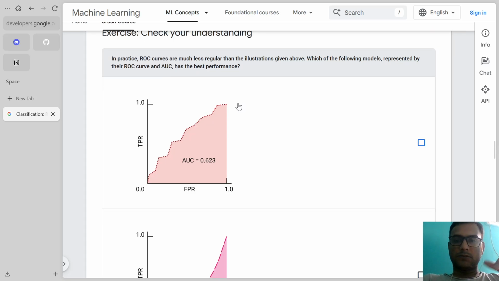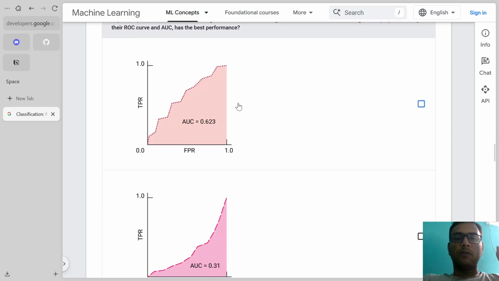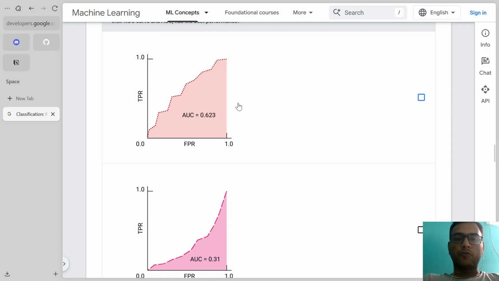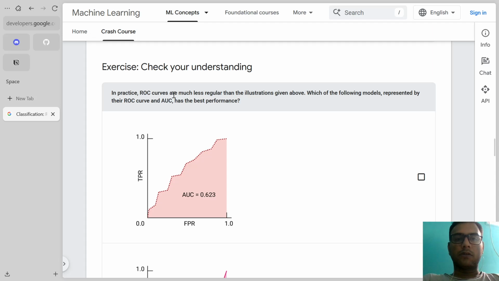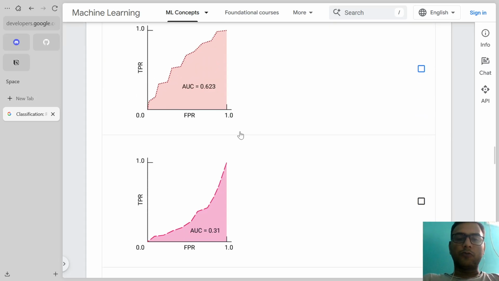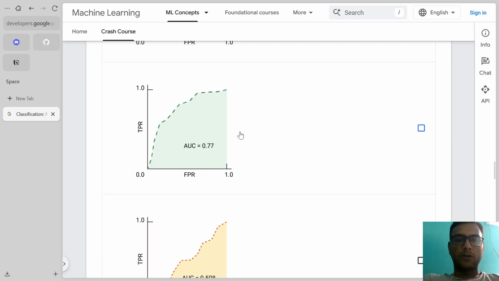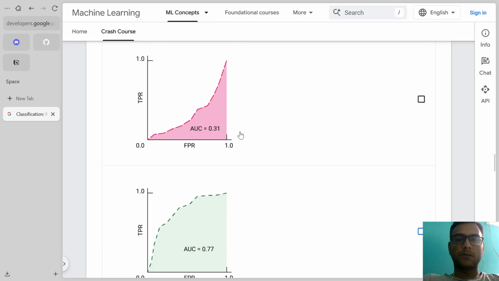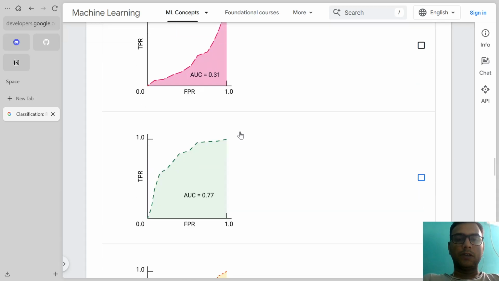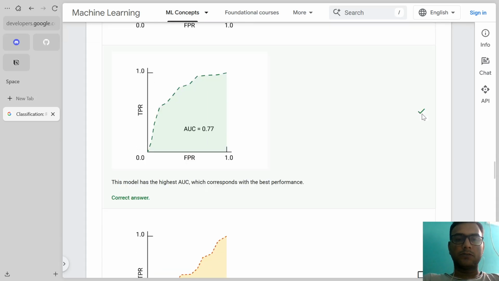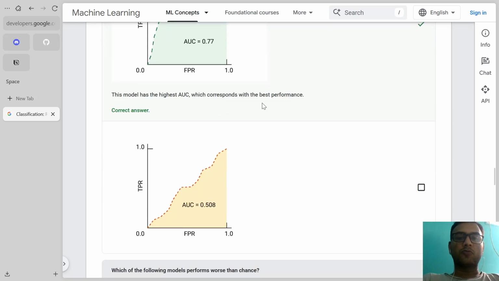We just saw that a model which has a high ROC curve is a better model. So these are four models, and the one with the highest AUC is this one. Yes, so this model has the highest AUC, which corresponds with the best performance.